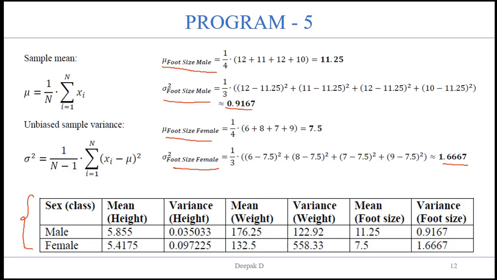So there are two classes, that is two target values, male and female. So I have identified the mean value for male of height, and similarly the variance of height given male. So this gives an overall summary of the values that we have derived by using the sample mean and variance, which is applied on these attribute values.